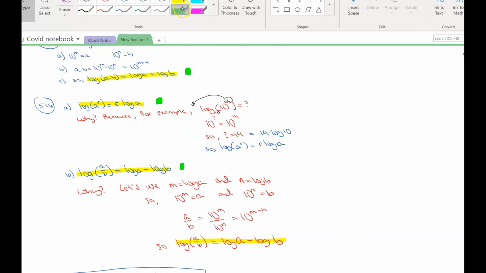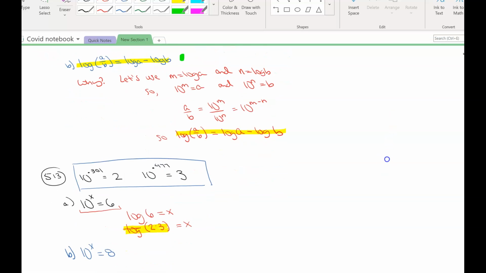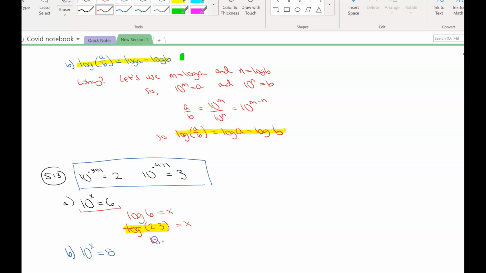Well, what about this property right here? Log of A times B, we're told, equals log A plus log B. Well, that tells me then that log of 2 times 3 just equals log 2 plus log 3. But what's log 2 and what is log 3?